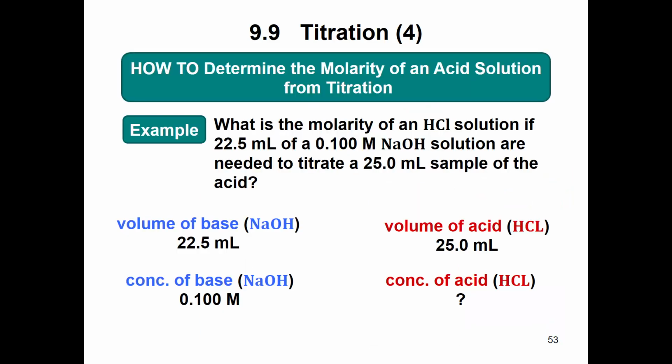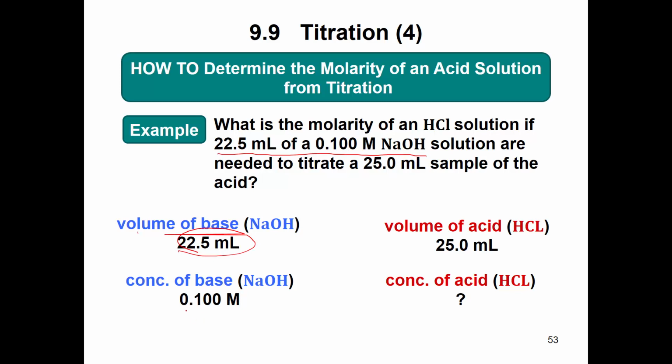So in a word problem, what is the molarity of a hydrochloric acid solution if 22.5 milliliters of a 0.1 molar sodium hydroxide solution are needed to titrate a 25 milliliter sample of acid? Take inventory. Instead of looking at all those numbers and words, you take inventory. The volume of your base, your sodium hydroxide, is 22.5 milliliters.